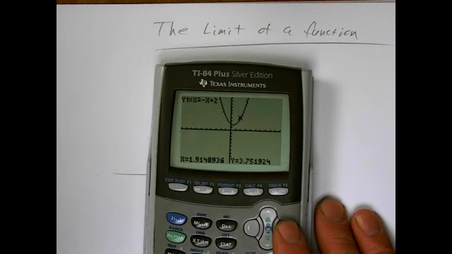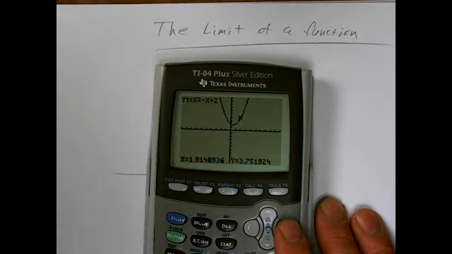So as I head towards 2 from the left-hand direction, the y values, right now at 3.75, are heading towards something. Exactly what they're heading towards is what I'm interested in.